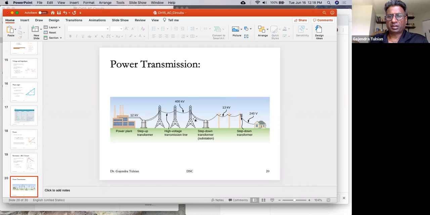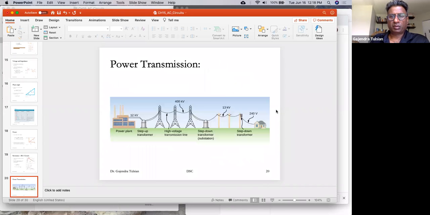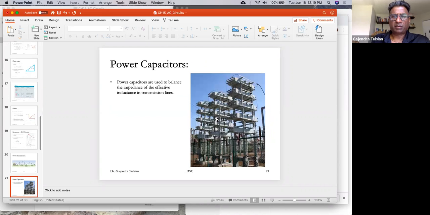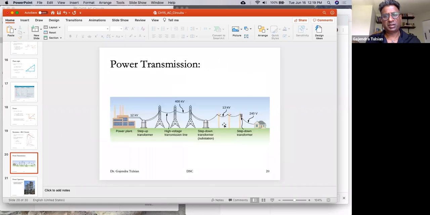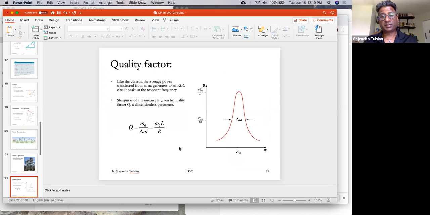We saw that we adopt this when power is being delivered to a city. Transmission lines have non-vanishing XL, so you have to have XC before power is delivered to the city, such that XL cancels XC, and maximum power is delivered to the city. Here's the quality factor.